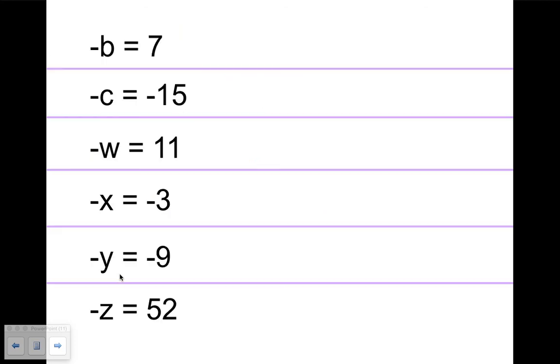So here's a few examples of that, just to finish things off. Write these on the left-hand side of your notes and put the answers on the right. So if the opposite of b equals 7, what's b? b equals -7. If the opposite of c equals -15, then what does c equal? c equals 15.